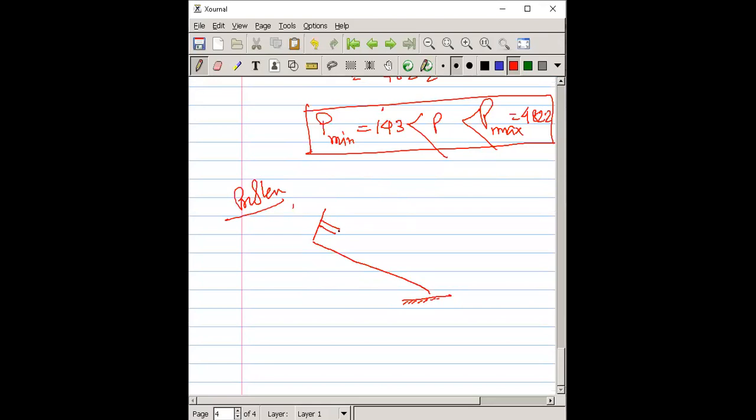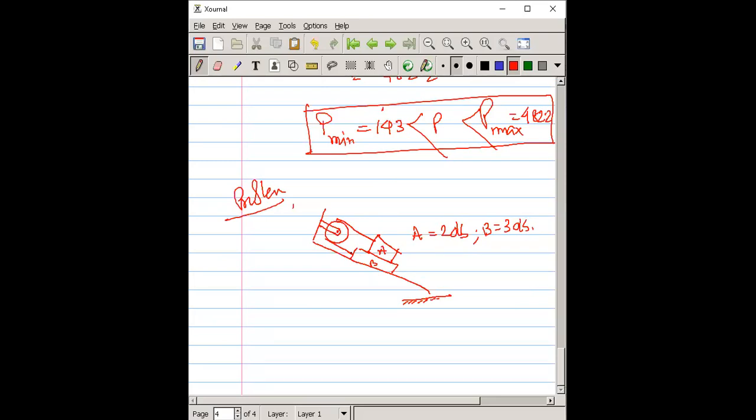Suppose this is a pulley and a block A that has a weight of 20 pound, and block B is 30 pound, and they are held in such a manner as you can see in this figure.